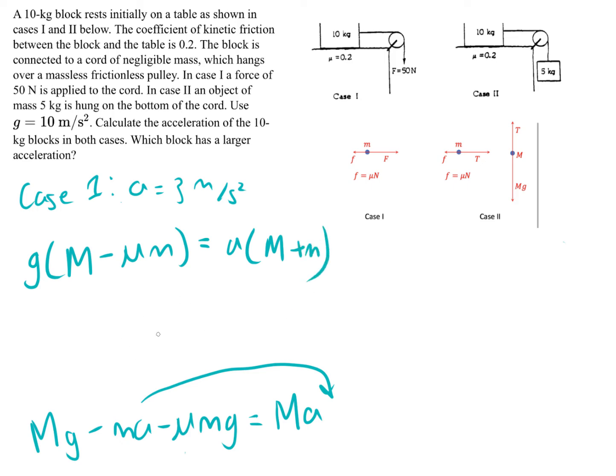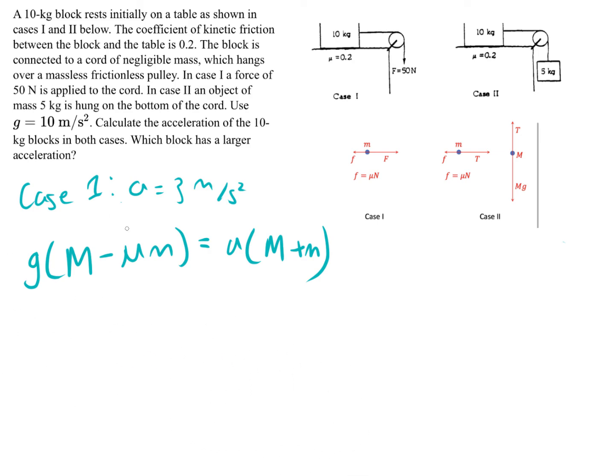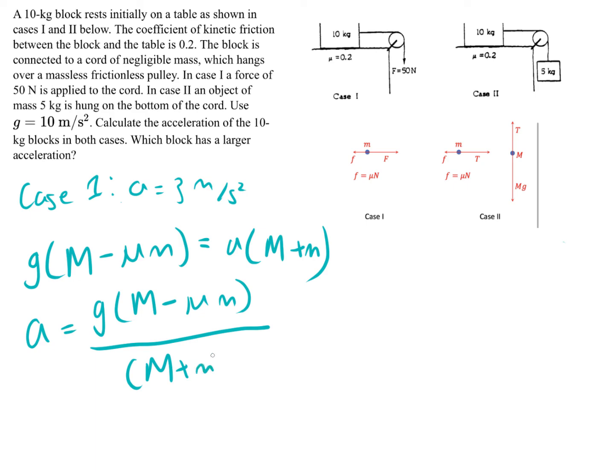And then now we just simplify this equation here, to get that the acceleration is equal to the acceleration due to gravity times capital M minus the coefficient of friction times little m, all divided by capital M plus little m. And now we need to just simply plug everything in.